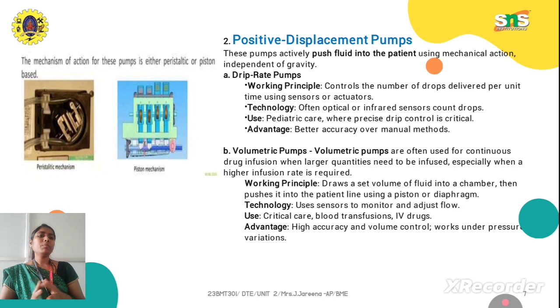The working principle is very simple: the volume of fluid is drawn from the IV bag and then injected into the patient with the help of the volumetric pump, where the motors give the driving action so that the fluid slowly moves into the patient's body. The advantage is high accuracy and volume control, which works under pressure variations.